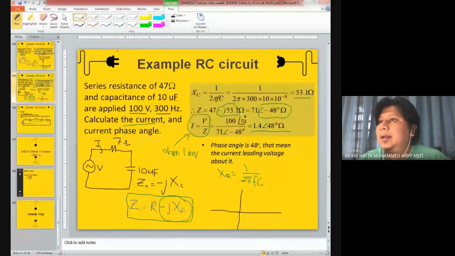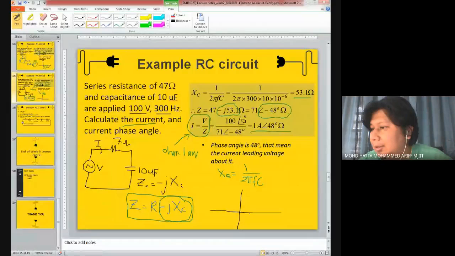Okay. Now, if you would like to know the phase angle or the relationship between voltage and current, in this case, voltage is 0 degrees, and the current you see here is positive 48, which means it's maybe somewhere around here. And this is the angle of 48 degrees that I mentioned just now.